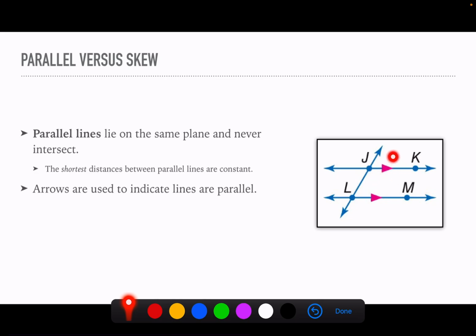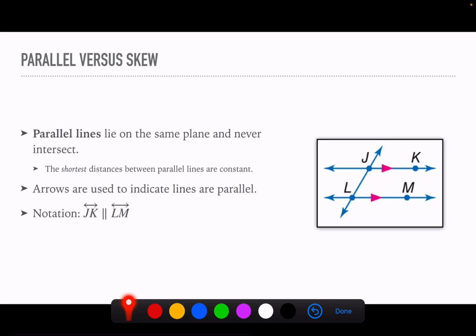Arrows are used to indicate lines are parallel. So whenever you see arrows such as this, or you might see arrows that might look like this, or even double arrows like that, it means that those lines are parallel to each other.